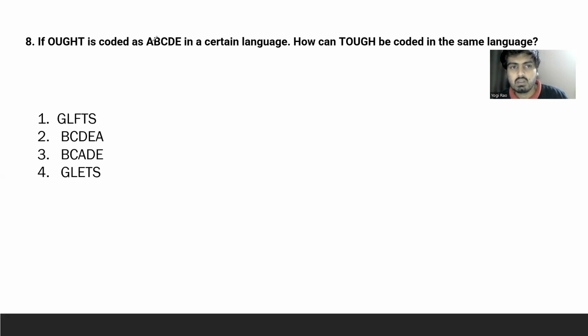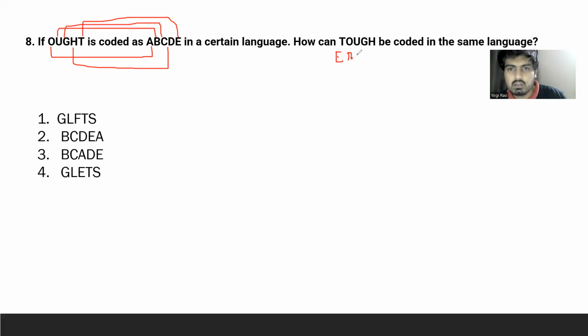O is not somehow related to A or E. So here what is the logic? O is related to A, U to B, G to C, H to D, and T to E. So what T is to E, O is to A. Okay, it's the same.